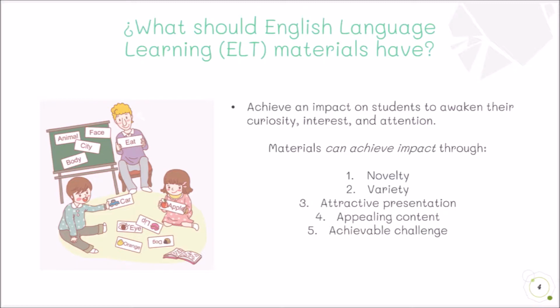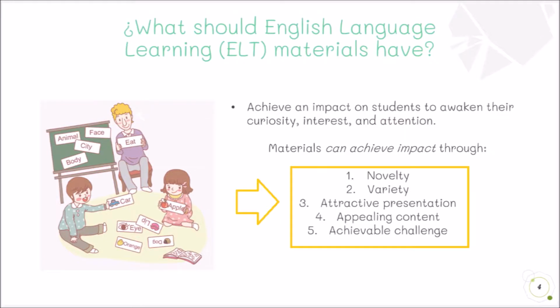In order for the materials to generate an impact on the students, the first characteristic is novelty. This means that you can have unusual topics, illustrations, and interesting activities to develop with your students.